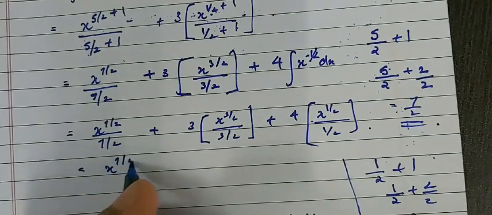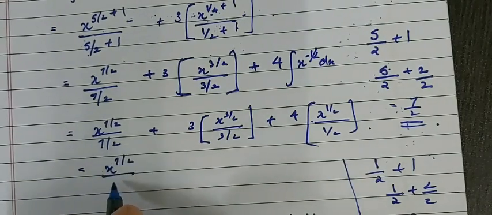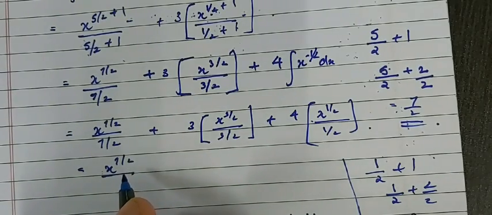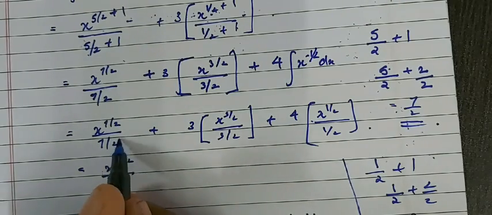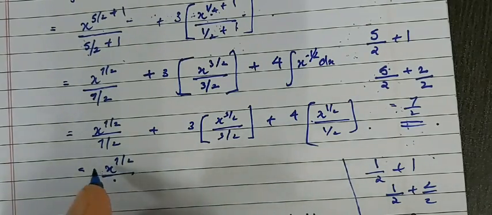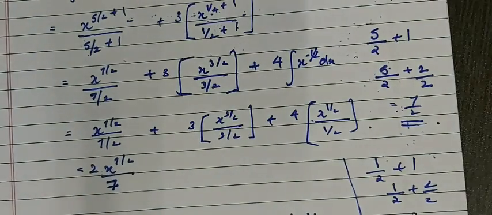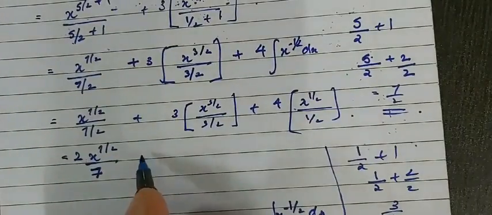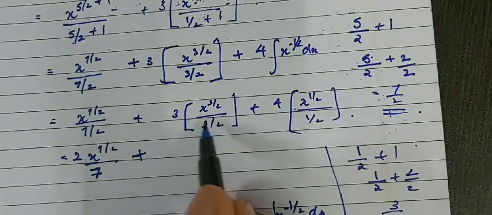So x raised to 7 by 2 by 7 by 2. So it will become, this 2 will go up. So it will become 2x raised to 7 by 2 by 7, plus here 3 by 2.